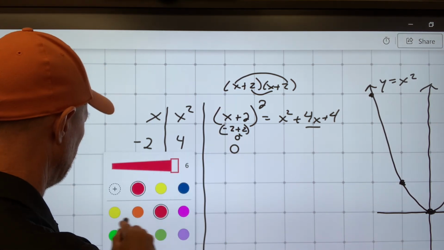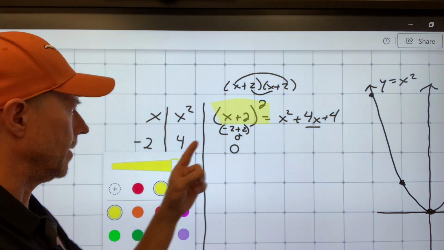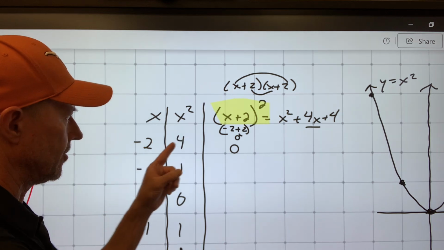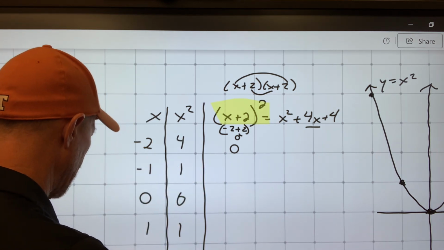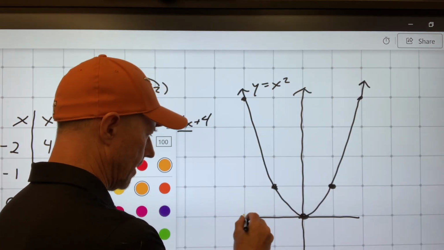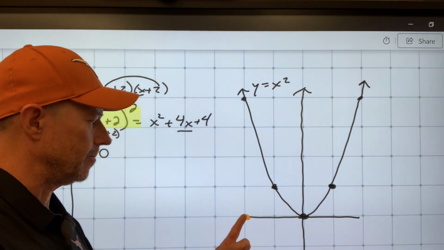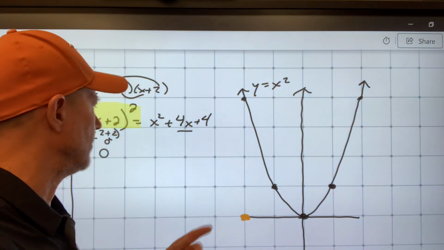Let's do yellow. So when I added the 2 first and then squared, then when I put in -2, I got out 0. So now all of a sudden, when I put in -2, I get out 0. Hey, this point seems to have moved here. Does that happen every time?